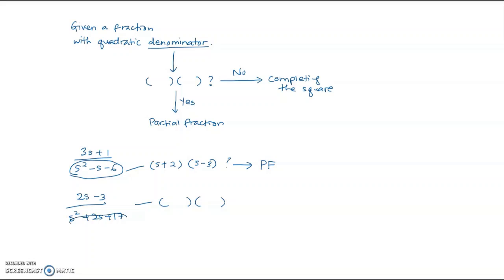So this denominator here is not possible. It means you need to do the completing the square in order to find the inverse Laplace transform. We'll see a few examples that use this approach and also the other approach.